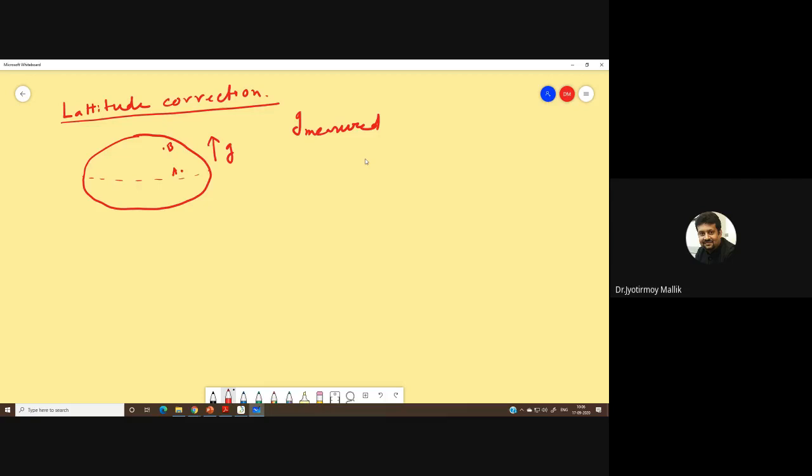It can perhaps be neglected if A and B are closely spaced or in the same area, but if you want to compare g value from A to B, which are fairly distantly spaced in terms of their latitudes, then you will do latitude correction.